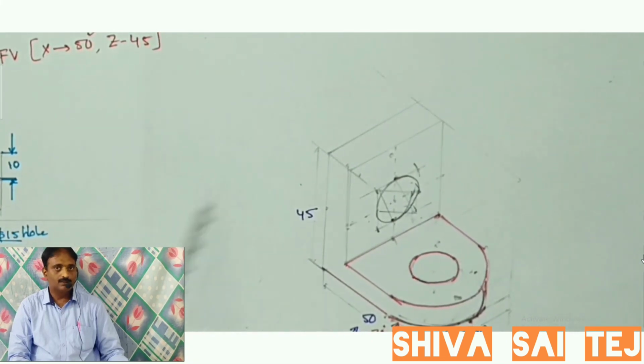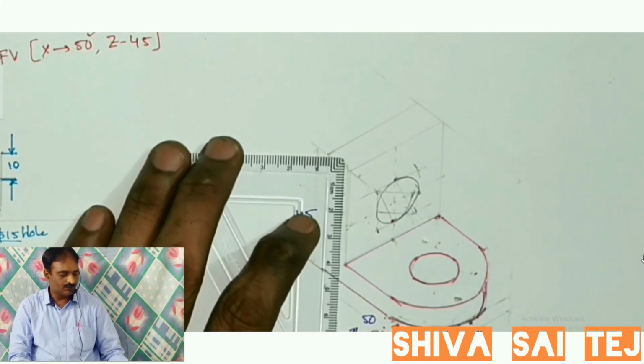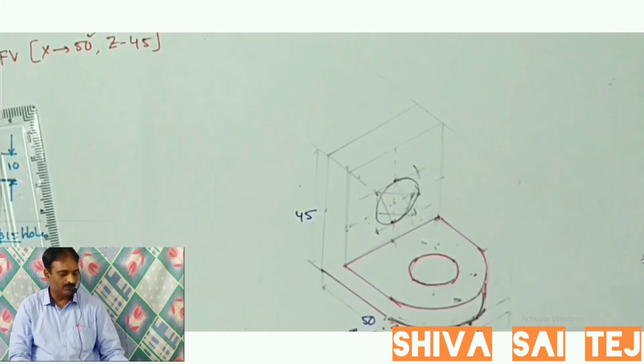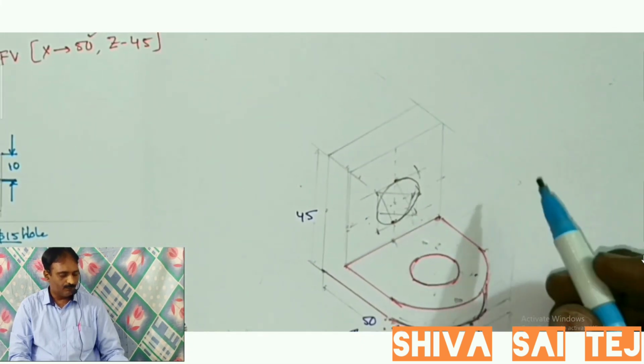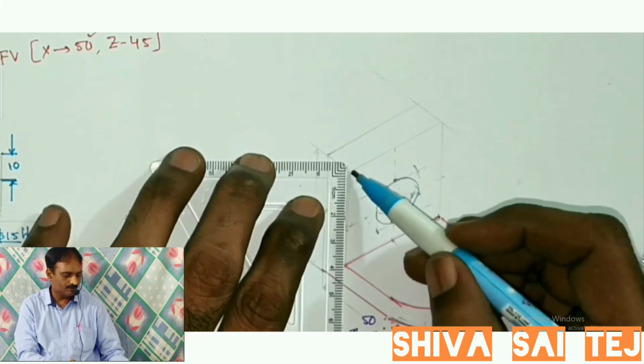Similarly, we have to construct the semicircle. From the same center, we have to construct a rhombus having a length of 20 units because the radius of the semicircle is 20 units.